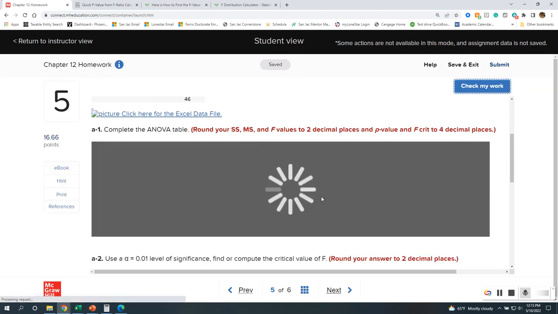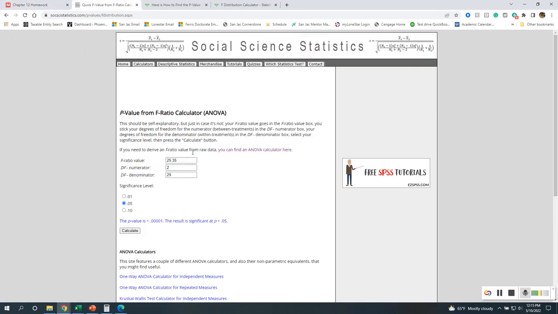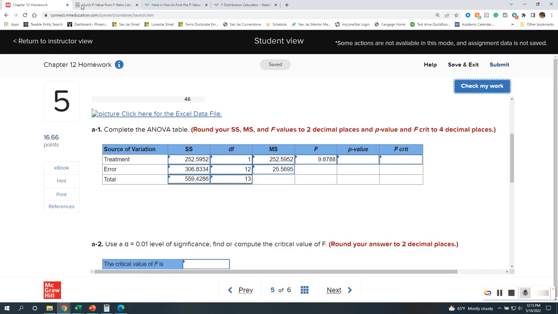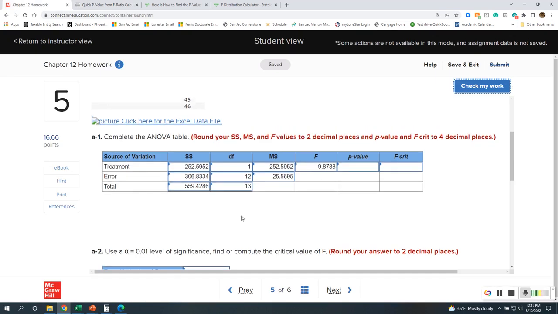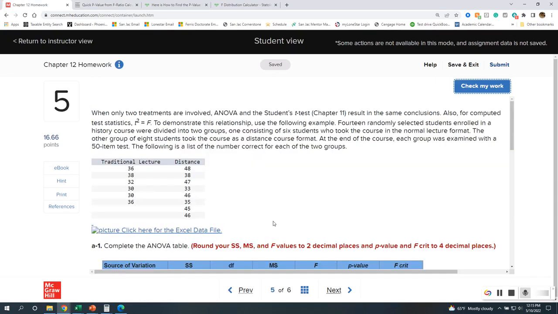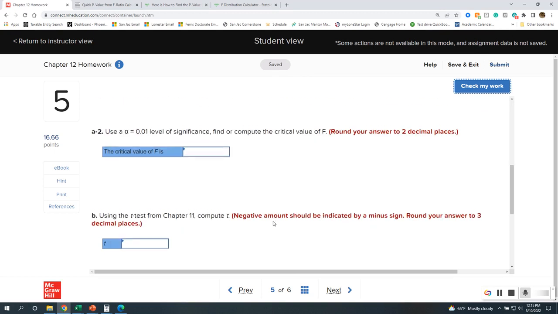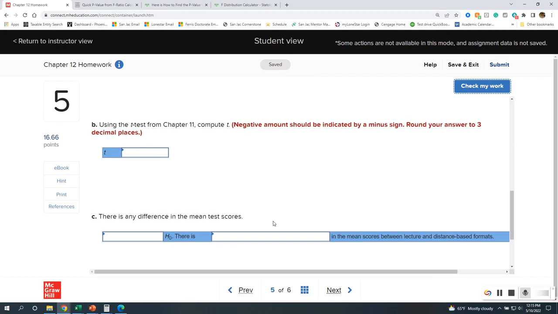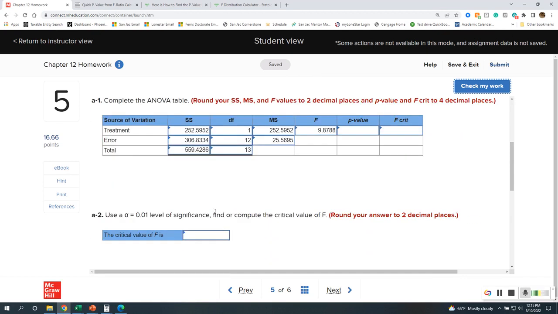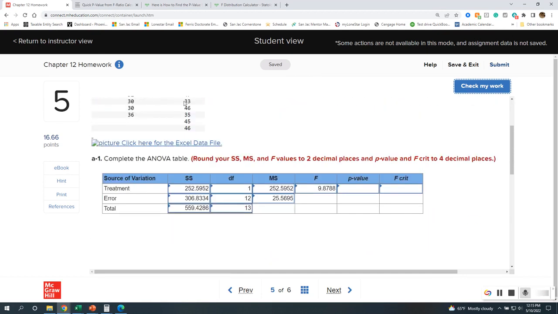There we go. P-value, again, we're going to use the calculator. So 9.8788. We had 1 and 12. We are under, looks like, 0.01. We're going to compute based on that one since that's where we're going to find the crit.